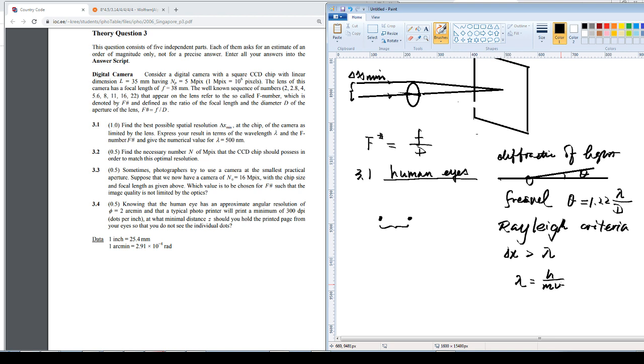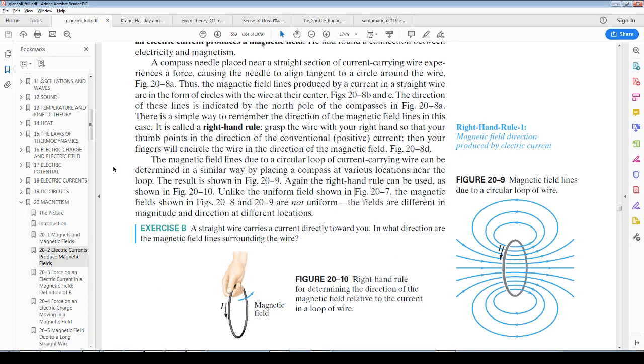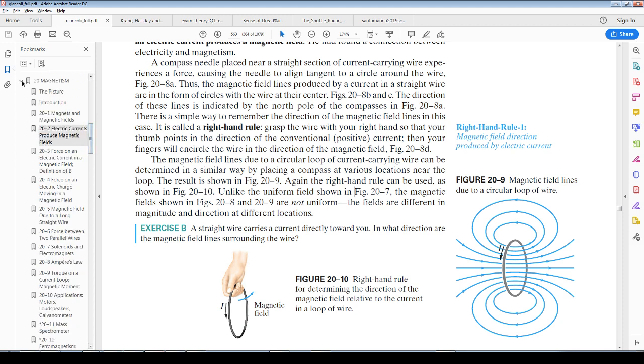By using very powerful electrons, we can increase our ability to see things. In fact, it also helps with the Fresnel diffraction.